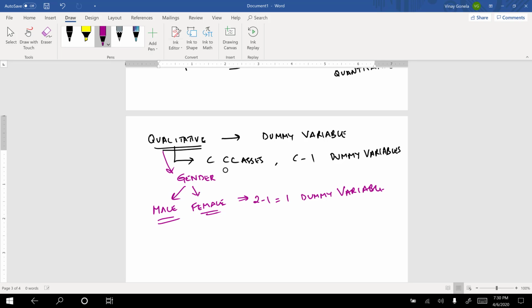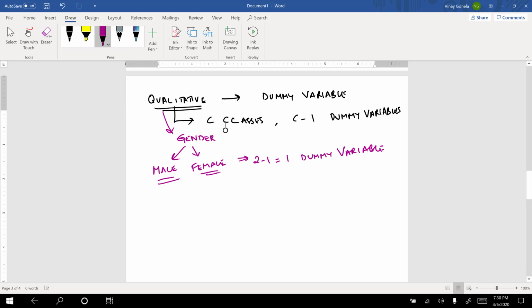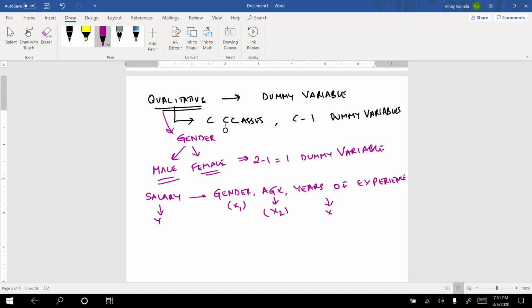So what I mean by that is, suppose I'm trying to determine salary based on gender, age and years of experience. So this is x1 and this is your y variable, this is your x2 variable, and this is your x3 variable.